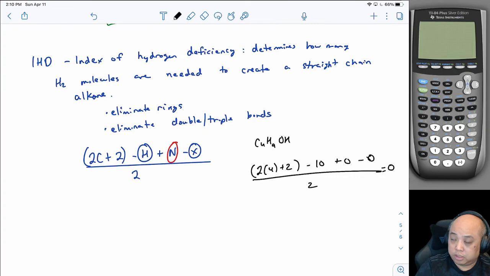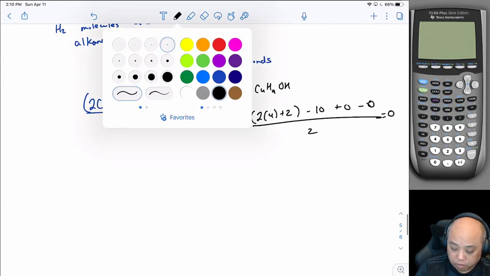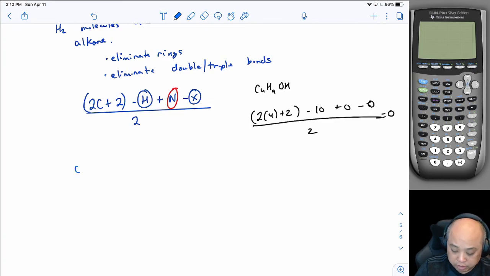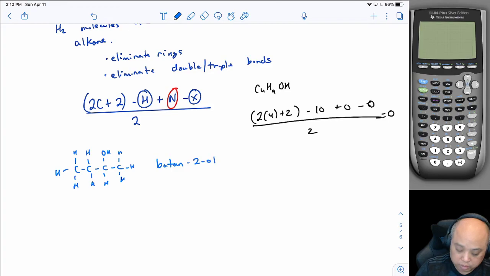So what you end up having for C4H9OH is, generally speaking, something like this, an alcohol. And this is butan-2-ol. So this is the OH being on the second carbon of the chain, and it's a 4-carbon chain. That would be butan-2-ol.